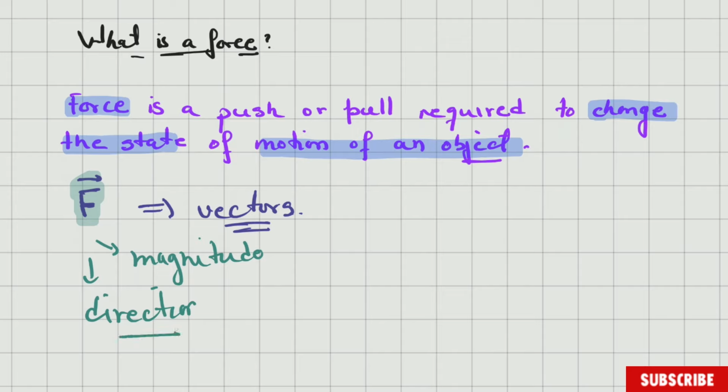So this is the general symbol for a force, and it is a vector quantity, and therefore we must think of magnitude and direction. It is quite important. Now, the international unit for force, the SI unit, is the Newton.